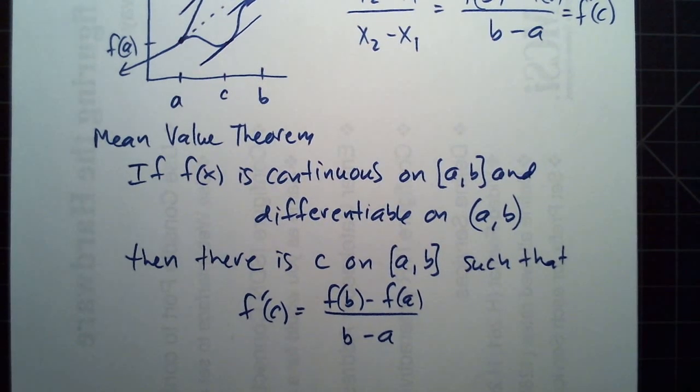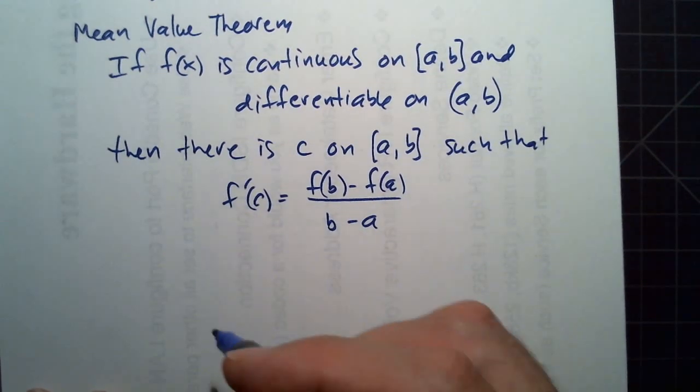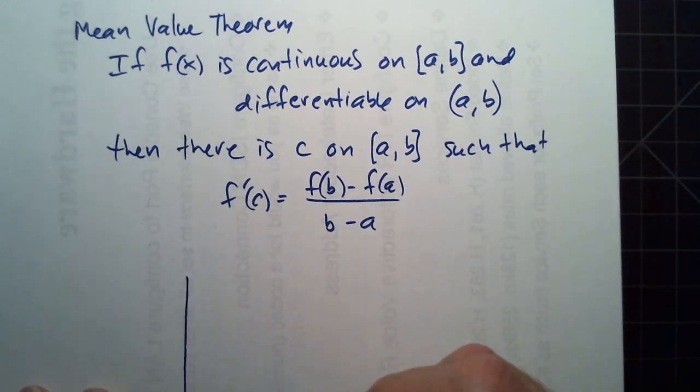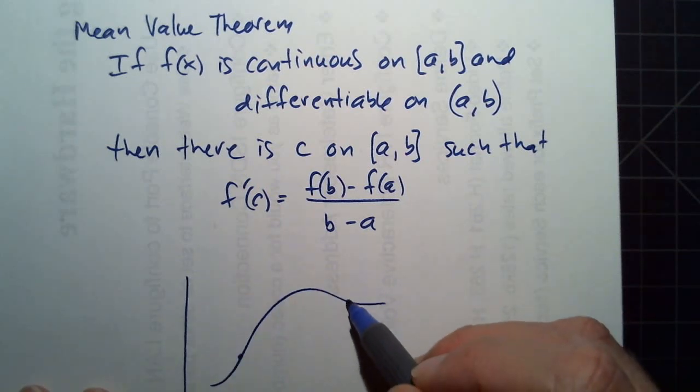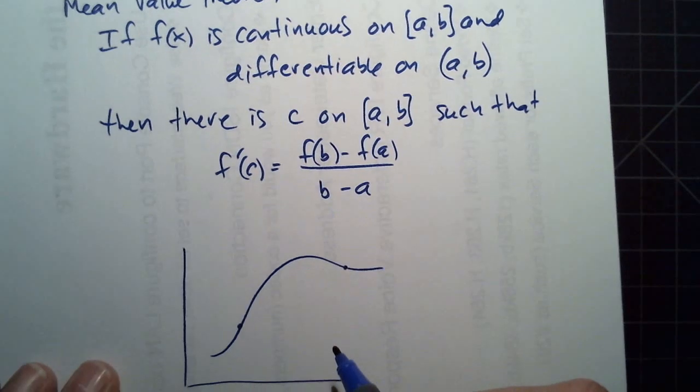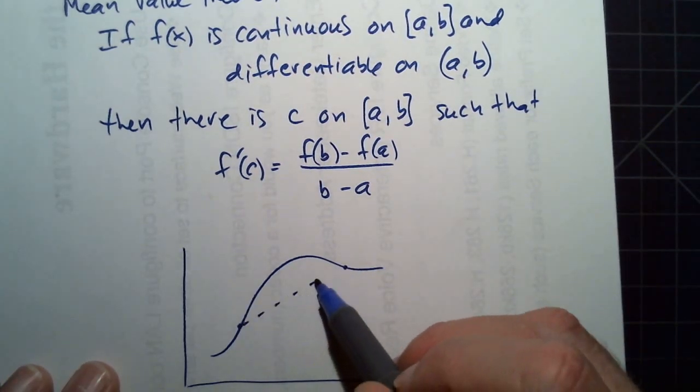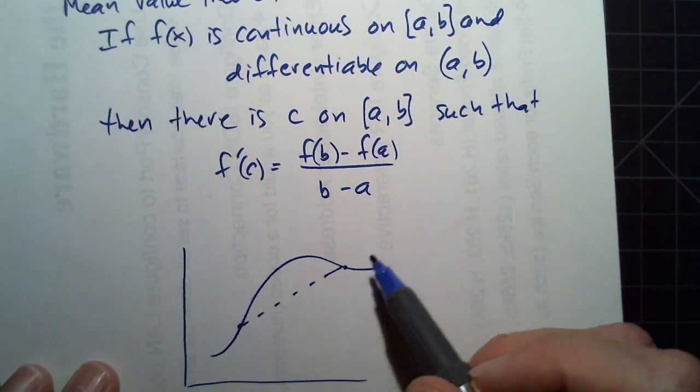And that's the mean value theorem. It's guaranteeing the existence of an x value where the derivative at the x value is equal to the slope of the secant line. Let's just review secant and tangent. If we have a graph and 2 points on the graph, the secant line is the straight line between the 2 points.